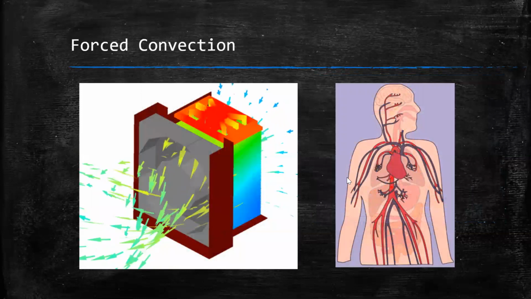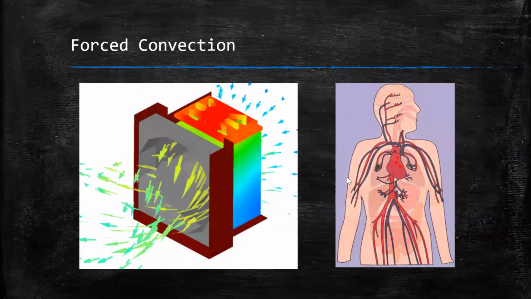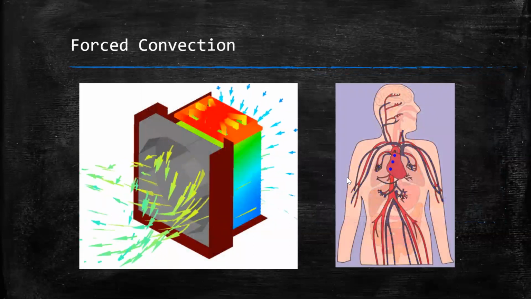So forced convection is circulated by a blower or pump. The most important mechanism for heat transfer within the human body is forced convection, wherein the blood serves as the pump.